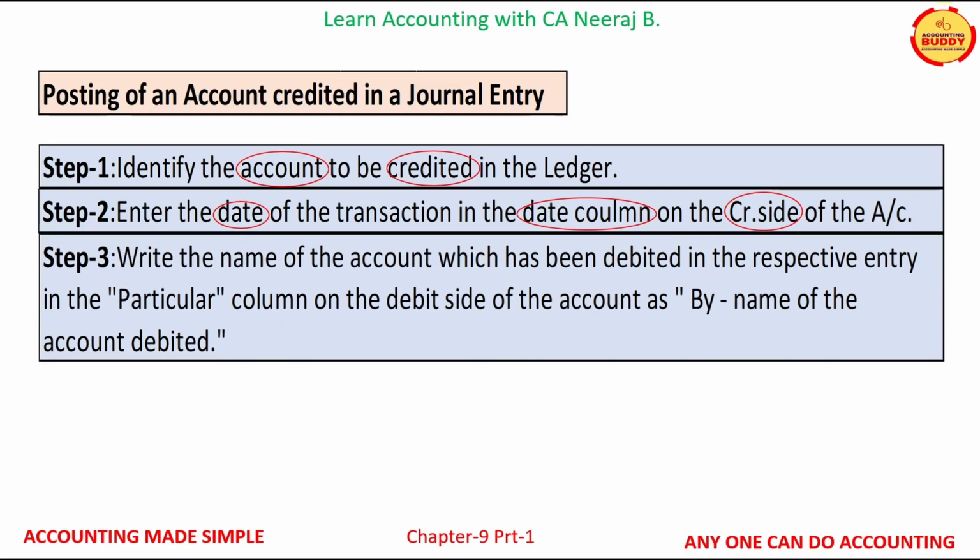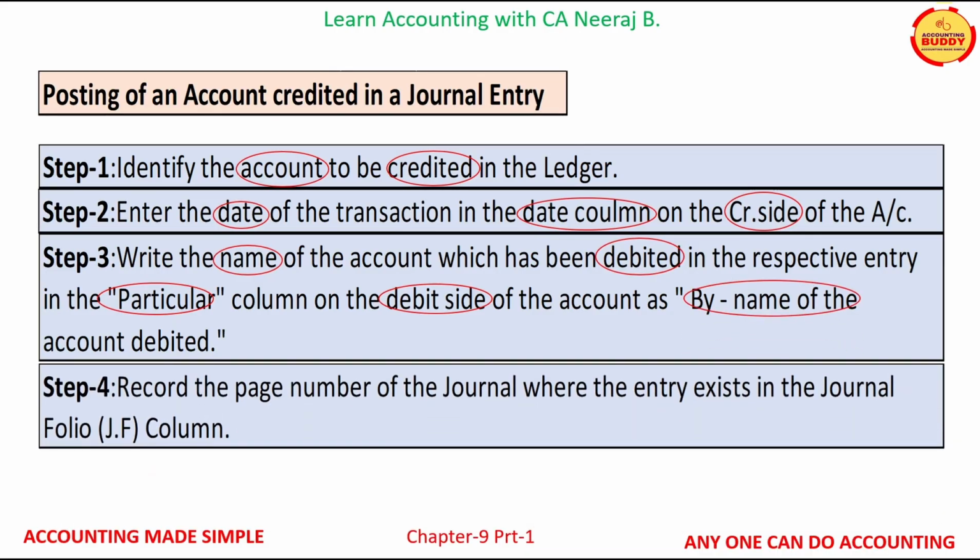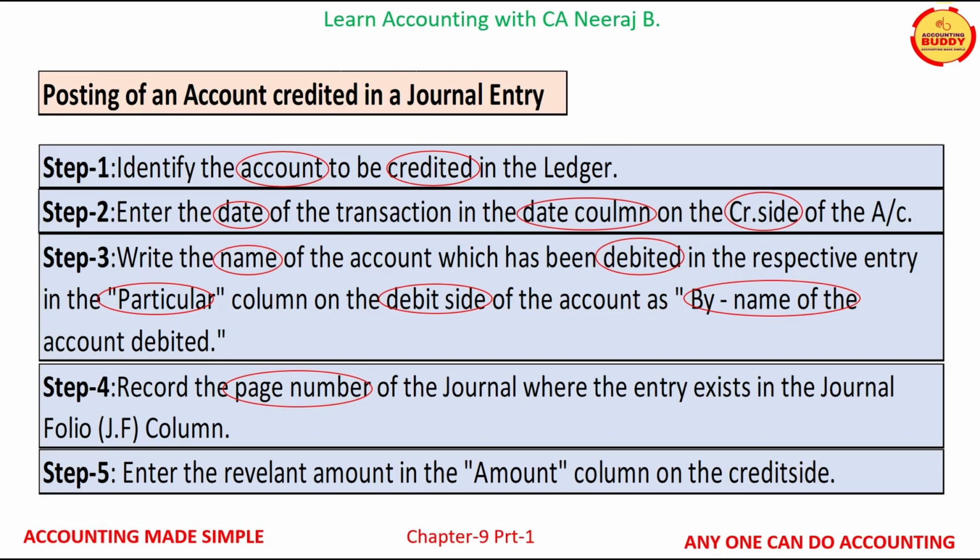Step 3, write the name of the account which has been debited in the respective entry in the particulars column on the credit side of the account, by writing the word "By" followed by the name of the account to be debited. Step 4, record the page number of the journal where the entry exists in the journal folio column. Step 5, enter the relevant amount in the amount column on the credit side.